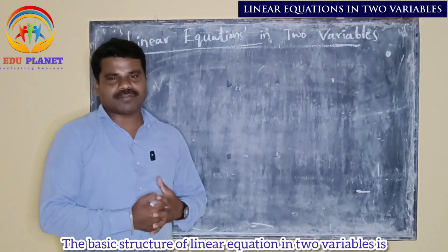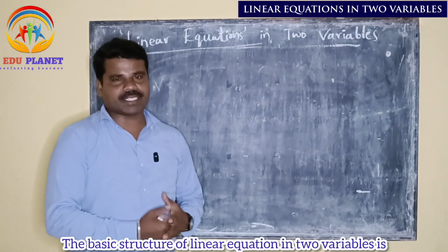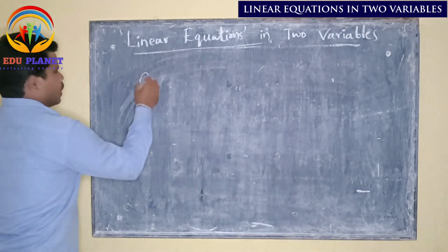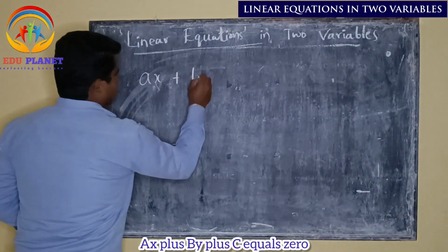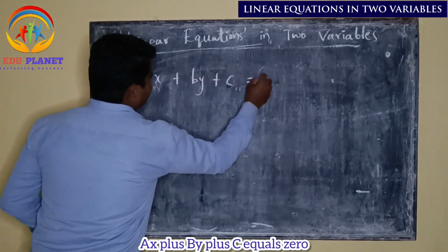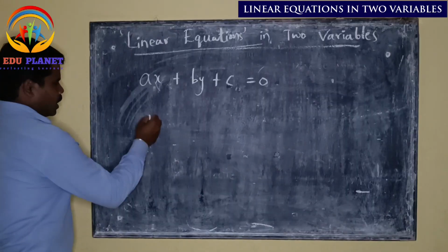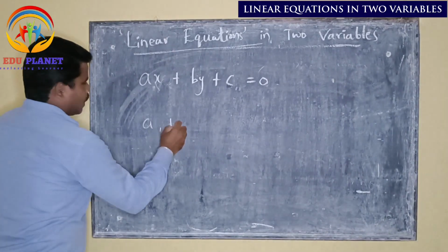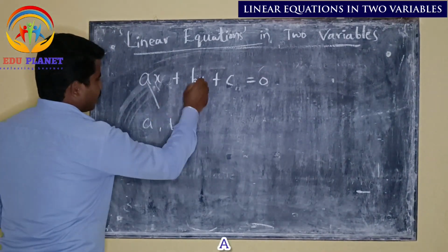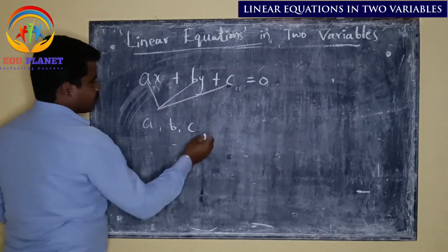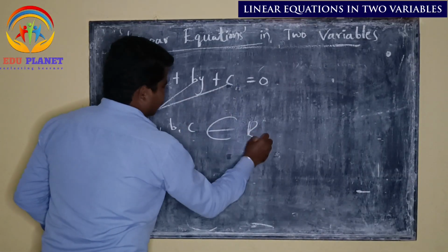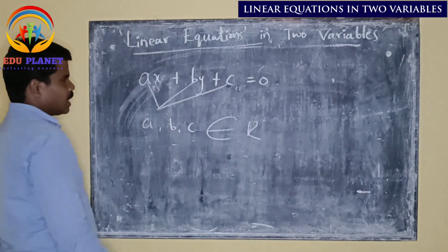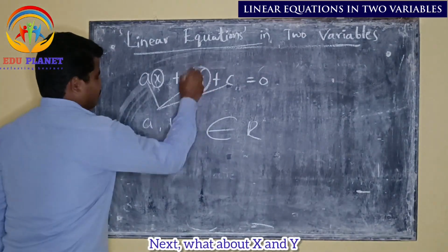The basic structure of linear equation in two variables is ax plus by plus c equals 0. Here a, b, c, these three are nothing but real numbers. Next, what about x and y?